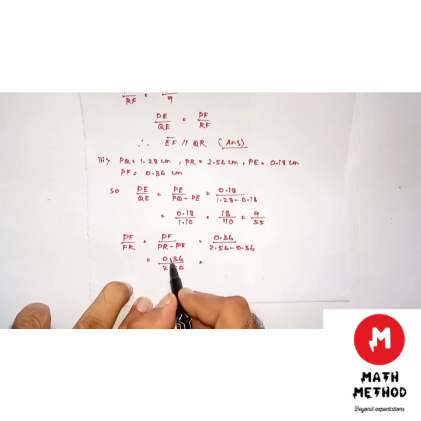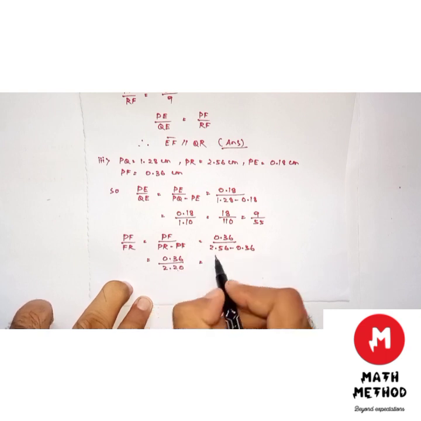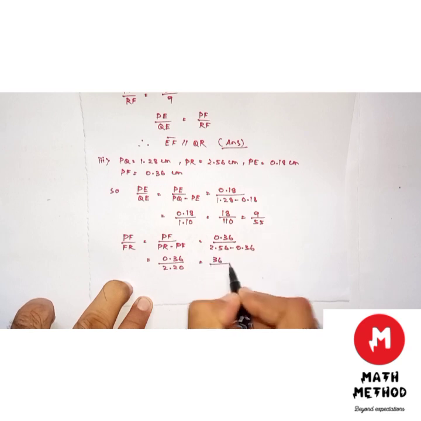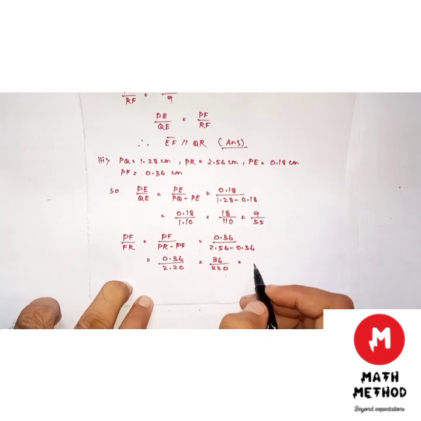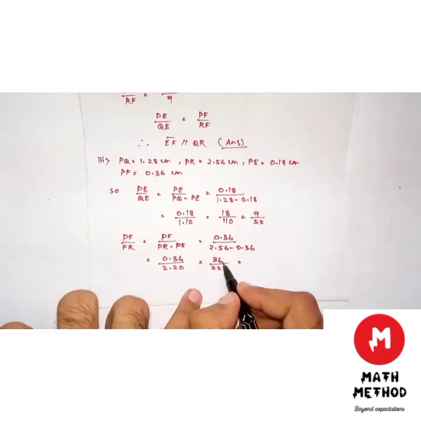Again, both numerator and denominator are decimal expansions with two digits after the decimal point, therefore we can write it as 36 divided by 220, which is equal to 36 upon 220.